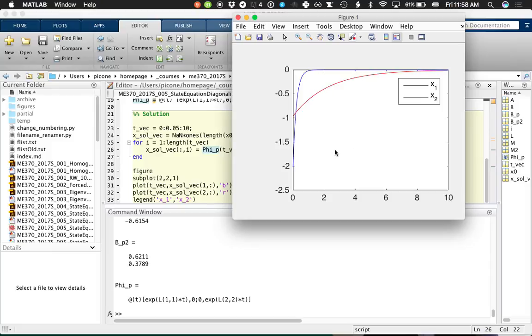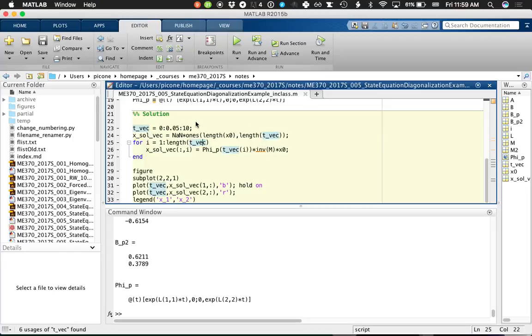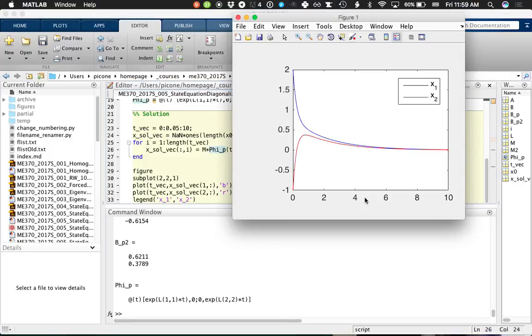But now what are those variables, x1 prime and x2 prime? If you had force and velocity, what would they be? They're probably not anything physical that you could relate to. That's why we want it in terms of the x variable. So we can do that last transformation of m times it, and now we've got it in terms of x.